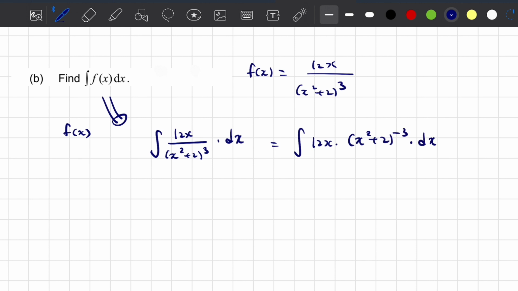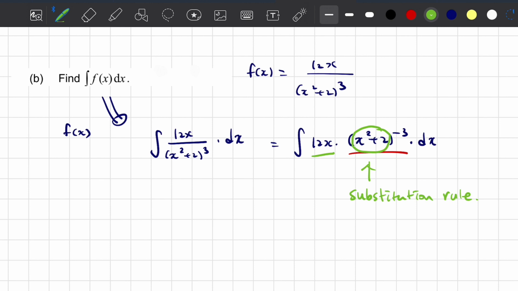Okay, from here you can see that we are multiplying a function by another function, and this other function has a function inside, right? That means we have to use the substitution rule to integrate the function f of x.